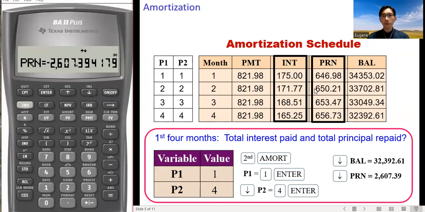You can add up the 4 numbers in the PRN column to verify. Similarly, press the down arrow to get the total interest between payment number 1 and payment number 4, $680.53. This is the total of the 4 numbers in the INT column.